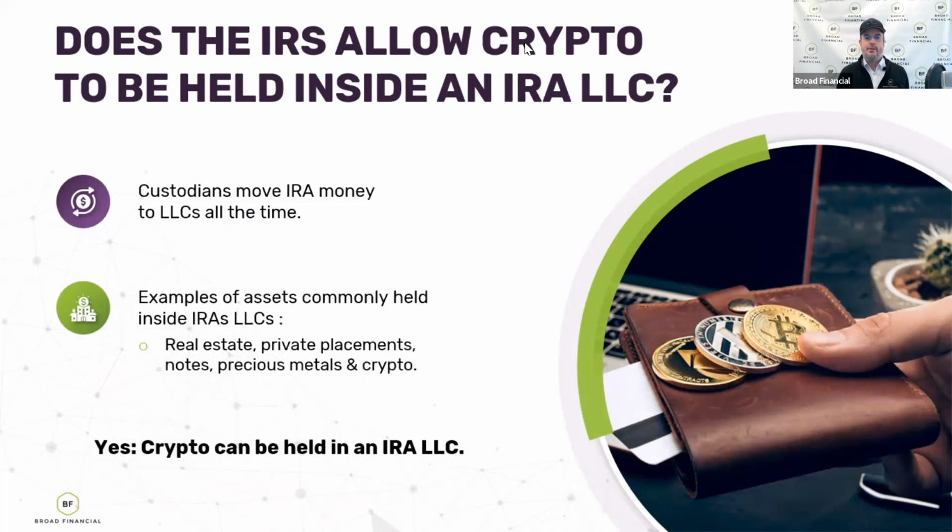No one's had a problem with having an IRA own an LLC, and the LLC investing in all different types of things, including crypto. Custodians move IRA money into LLCs all the time. Examples of assets commonly held in IRA LLCs: real estate, private placements, notes, precious metals, and crypto. So yes, bottom line, crypto can be held in an IRA LLC.